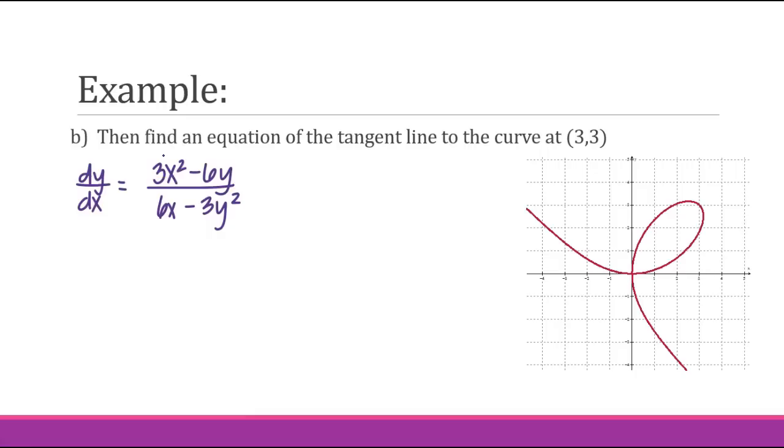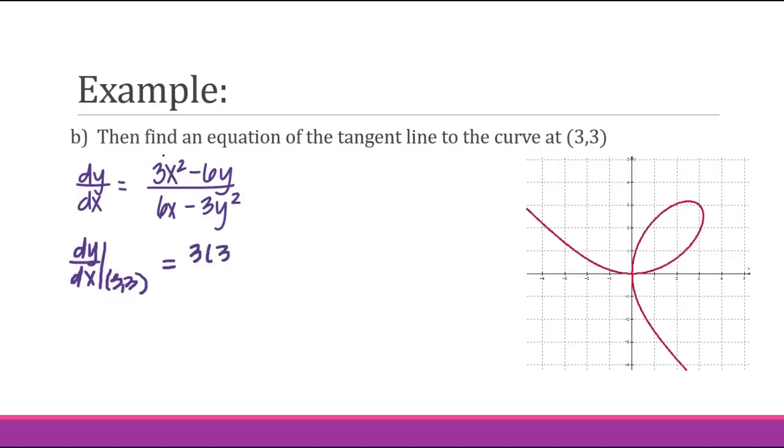For part B, we want to find an equation of the tangent line to the curve at (3, 3). An equation of the tangent line means that we need to find a point and the slope. So the point is given as (3, 3). Here was our dy/dx from part A, so we need the slope at (3, 3).